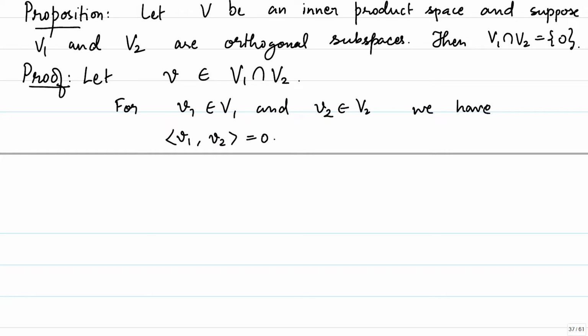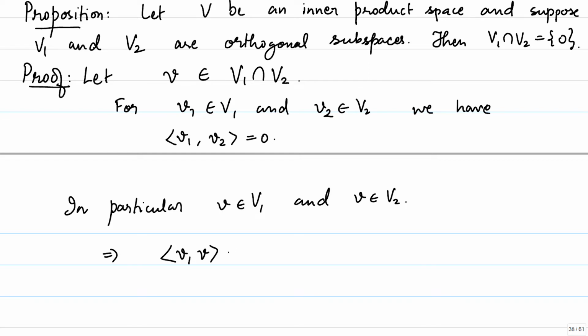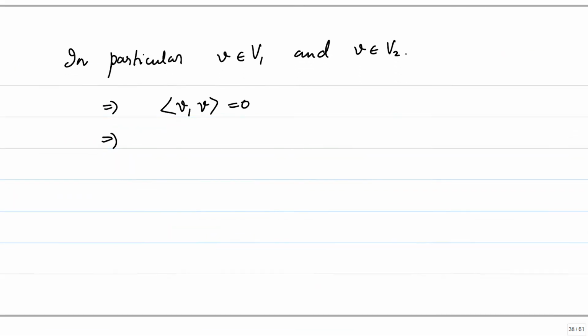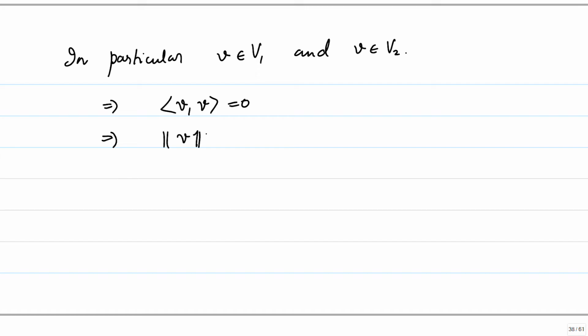But in particular, v is in capital V1 and v is in capital V2 as well, because it is in the intersection, and therefore, taking v1 to be v and v2 to be v, we have inner product of v with itself is equal to 0, which just implies that the length of v squared is equal to 0, which implies length of v is 0 and therefore v is equal to 0.